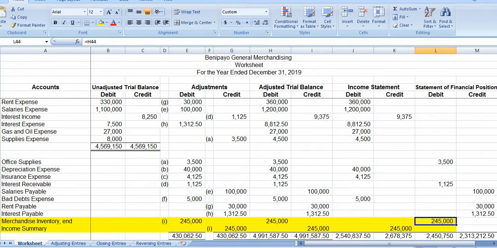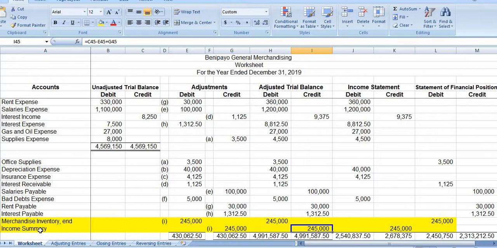And therefore, credit is the normal balance of merchandise inventory end in the income statement. And that merchandise inventory end to appear in the income statement is represented here by this income summary account in the amount of 245,000.